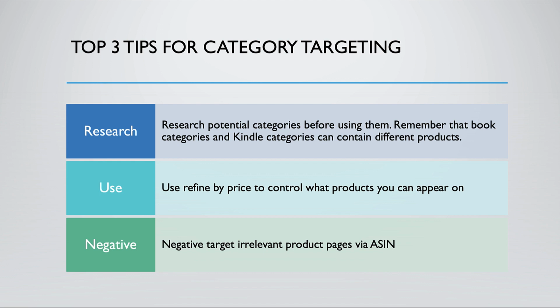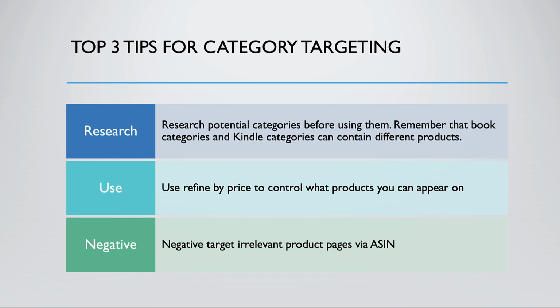And in book categories and Kindle categories, there are probably going to be different targeting, different products. Book categories tend to be very trad heavy, and Kindle categories tend to be very indie heavy, probably because we like to request specific Kindle categories, and we can't get into those book categories as easily. So make sure that you're checking to see if the book category that you're choosing is actually relevant to your book.